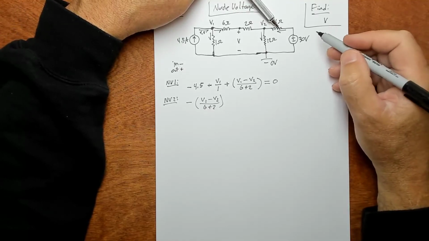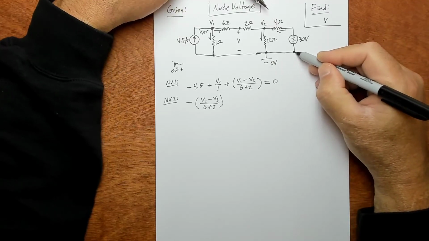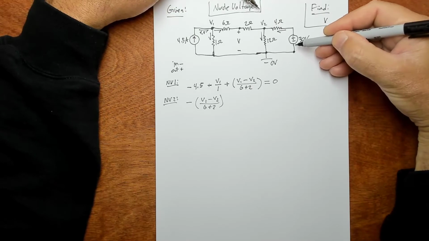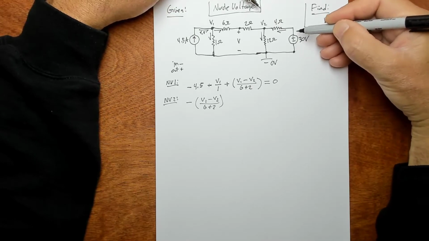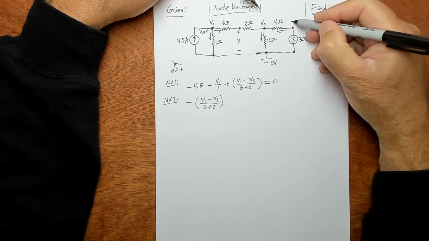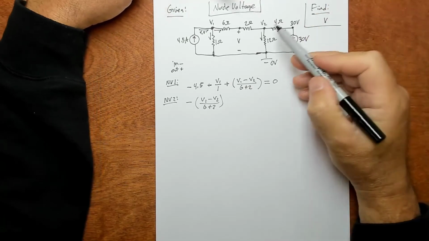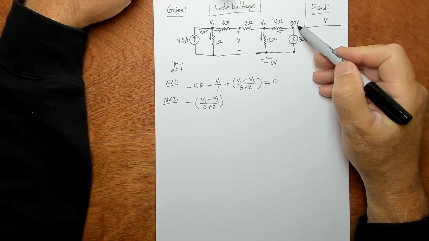So here's a little trick for you. If this is 0 volts because it's on the bottom, then as we go through this voltage device, it's raising the voltage by 30 volts. So this is a node that has a known voltage, so you don't need a variable for it. You can just throw the known term on there.